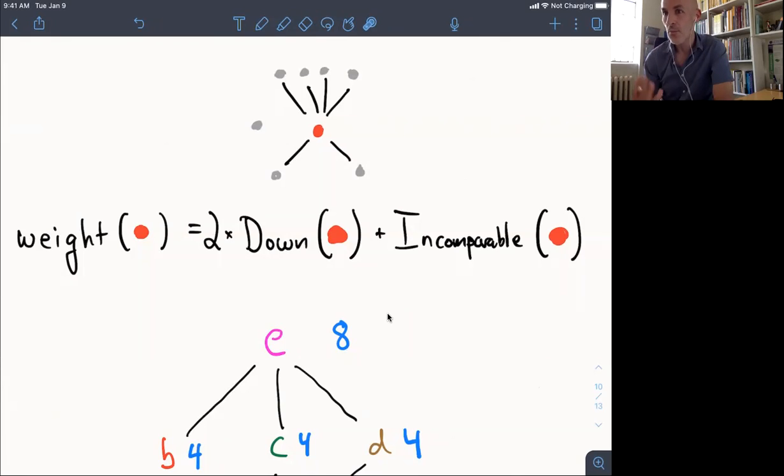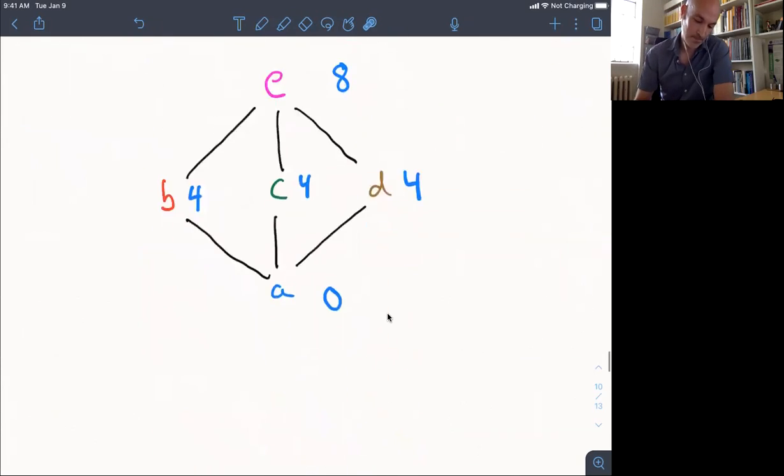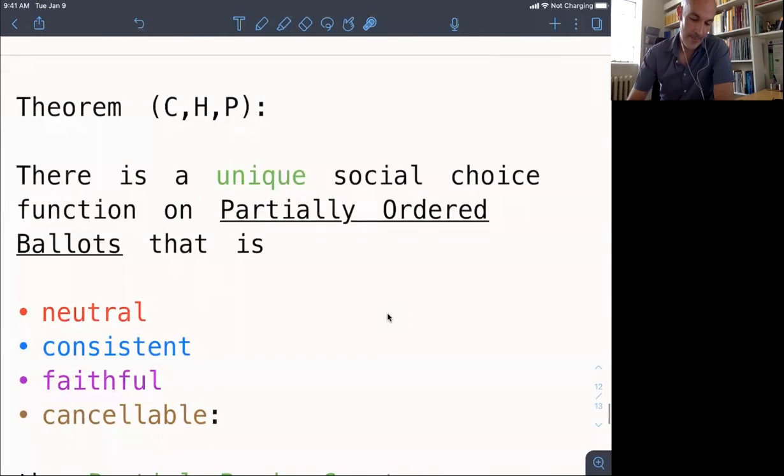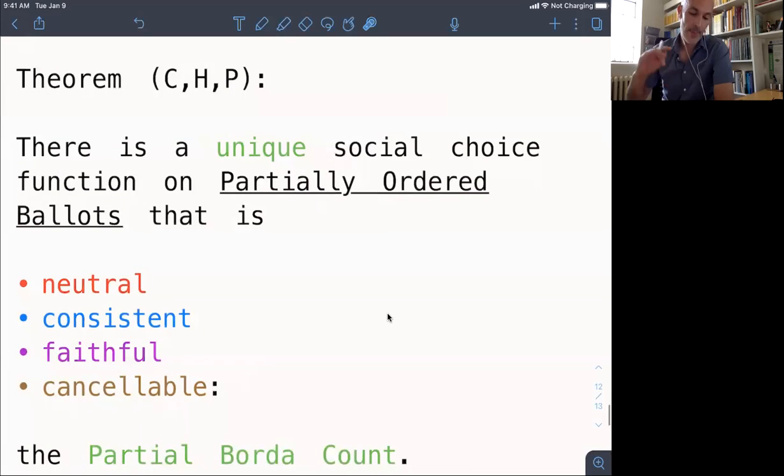Okay, so why? Here's the main theorem. The main theorem says there is a unique social choice function on partially ordered ballots that is neutral, consistent, faithful, and cancelable, which is the partial Borda count.